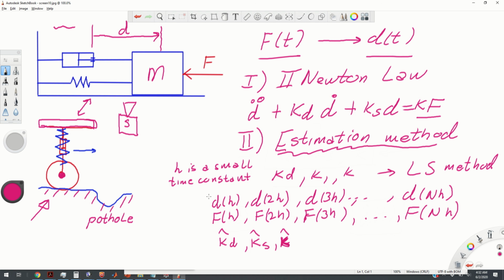So these are the experimental data. So the estimation method uses the experimental data collected by sensors to estimate the mathematical model of the system.